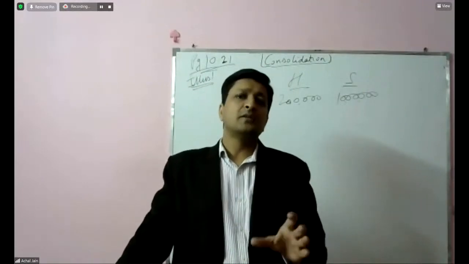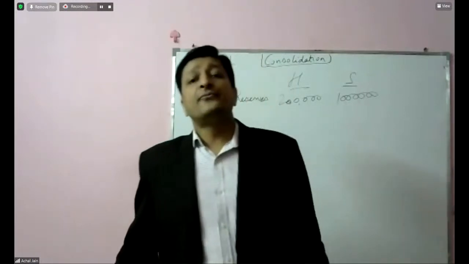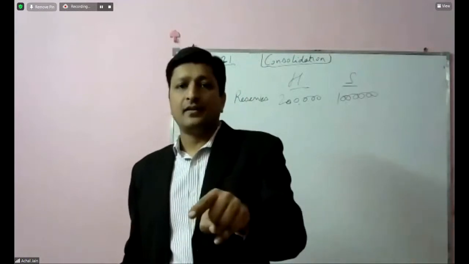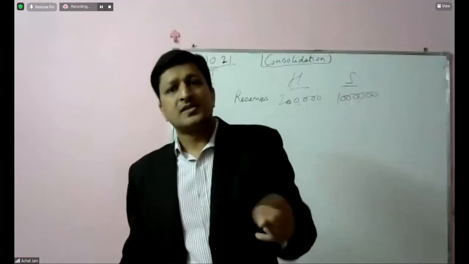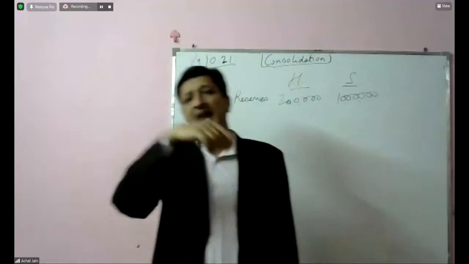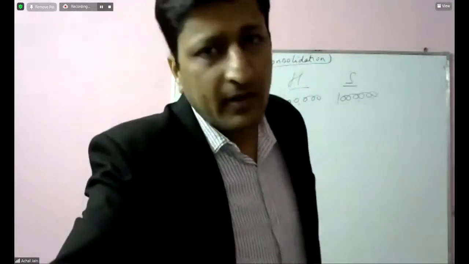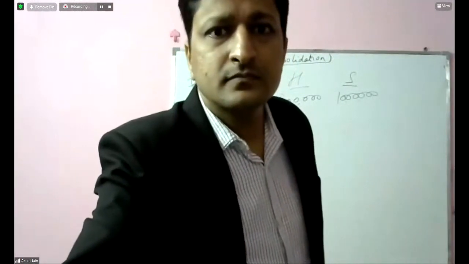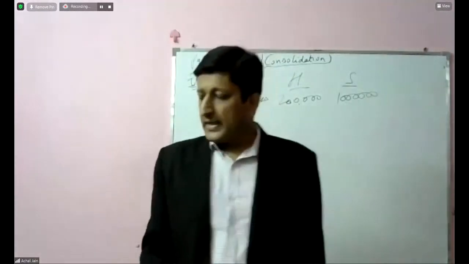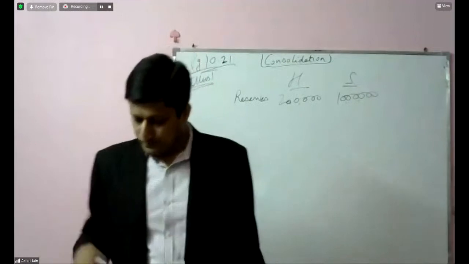Date of acquisition in all the scenarios is the same, but the information about share capital and P&L of A, B, C, or D as on the date of acquisition and on the date of consolidation are different. Clear on this? So first of all, let's compute the minority interest in all the 4 scenarios.